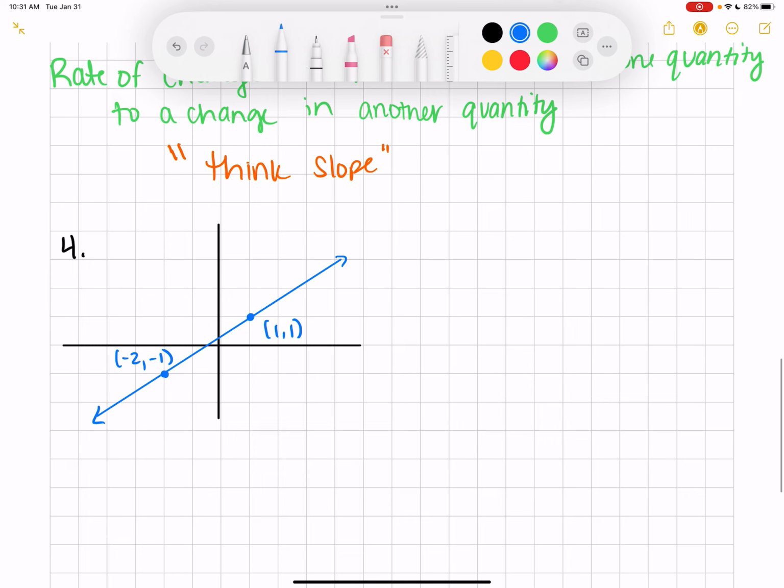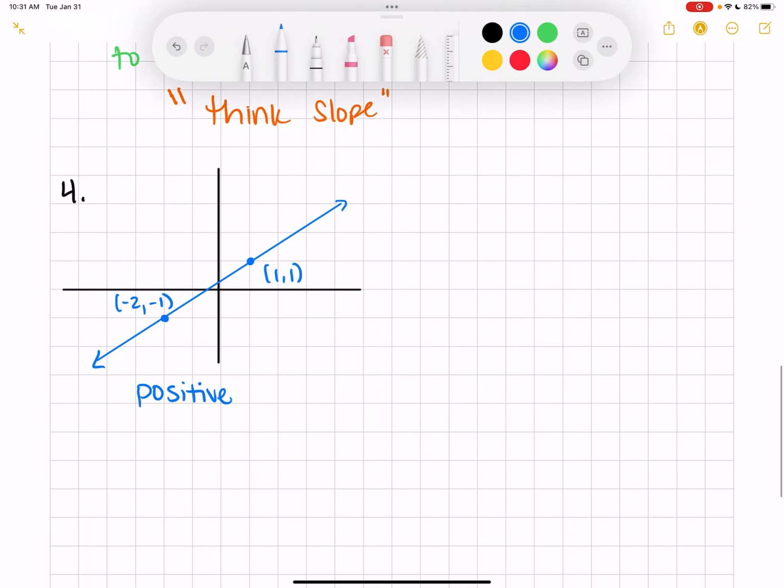So just looking at that, what kind of a slope would you say that it has? Positive. So that means a slope exists, so I need to find it. So I'm going to call this one my point 1, and this one's going to be my point 2.